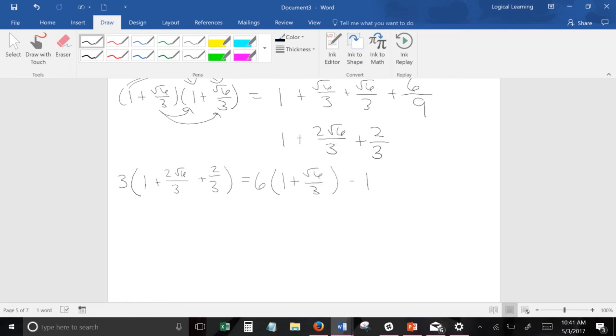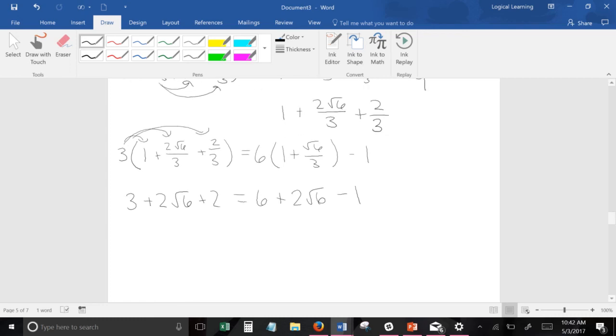Well, distributing the 3 to all of these, we get 3 times 1 is 3, plus the 3's will cancel out, you get 2 root 6, plus 2 is equal to, distributing the 6, 6 divided by 3 is 2, so that'll be 2 root 6 minus 1.